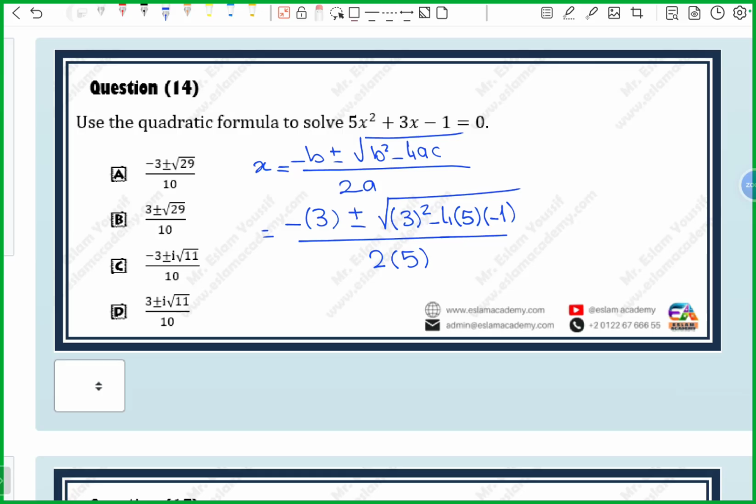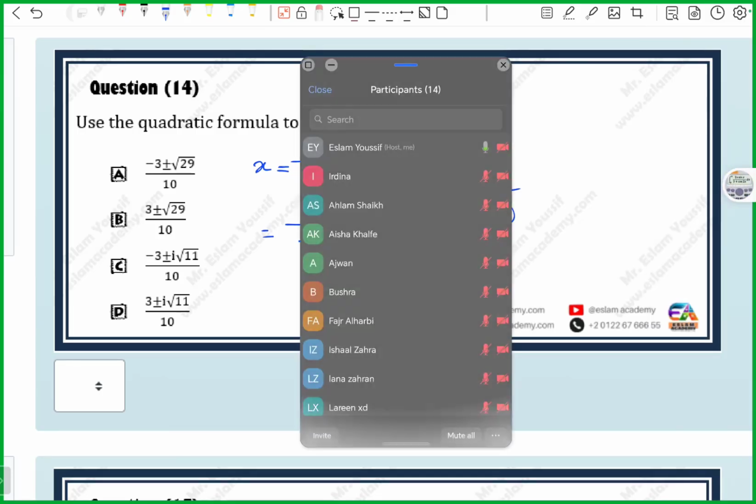Whatever the answer, just tell me. I got root 29 over 10. Is it not 8? Just a minute, please. The answer is A, yes. Let me check, because I didn't calculate it.